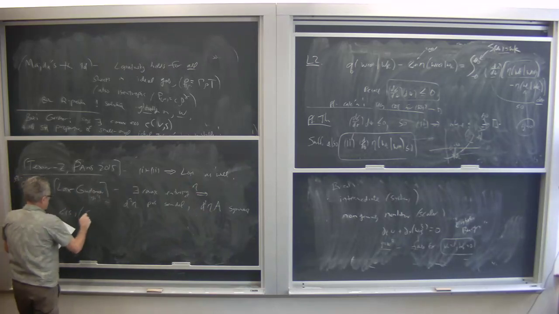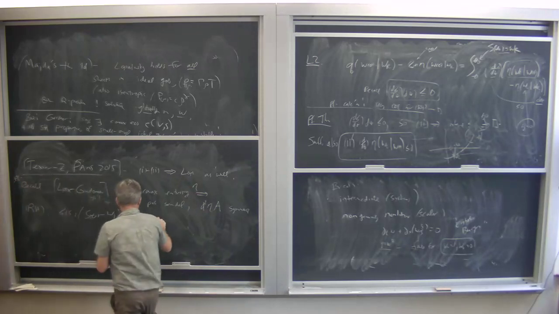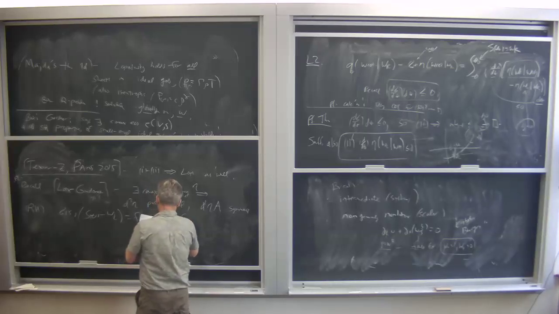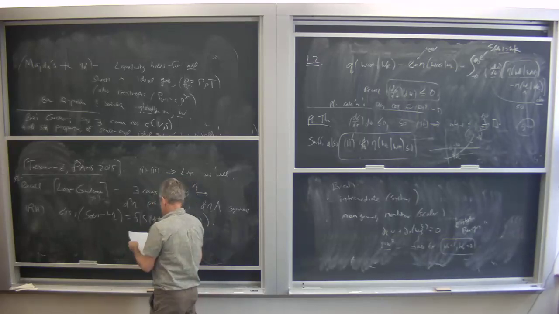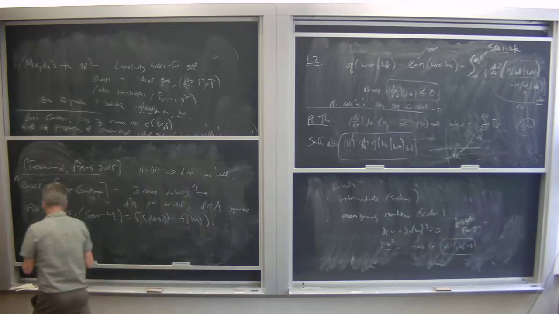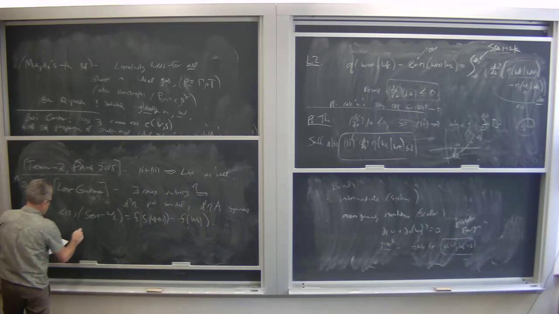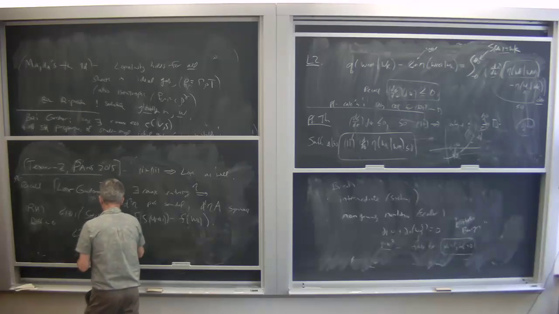Okay, so we have the Rankine-Hugoniot condition, which looks like this: sigma (S of theta minus W_L) equals F of S of theta minus F of W_L. Now we take the derivative in theta, and we get sigma prime of theta times (S of theta minus W_L).